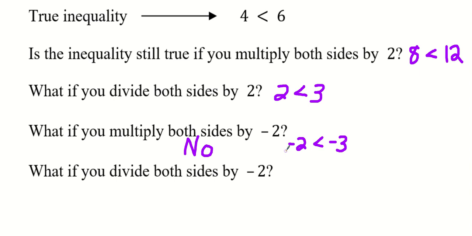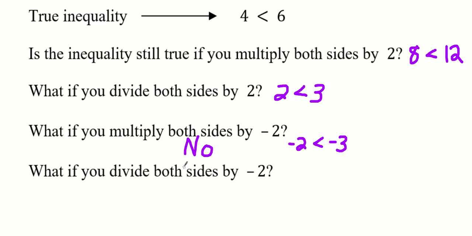So when it comes to less thans and greater thans with negative numbers, it's just how it goes. So if you multiply both sides by -2, it's not true anymore. And if I wanted to make this true, I'd have to just reverse the symbol.